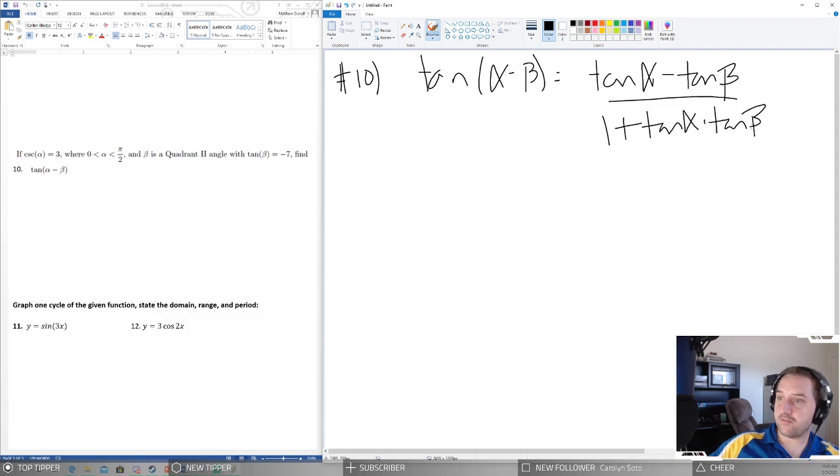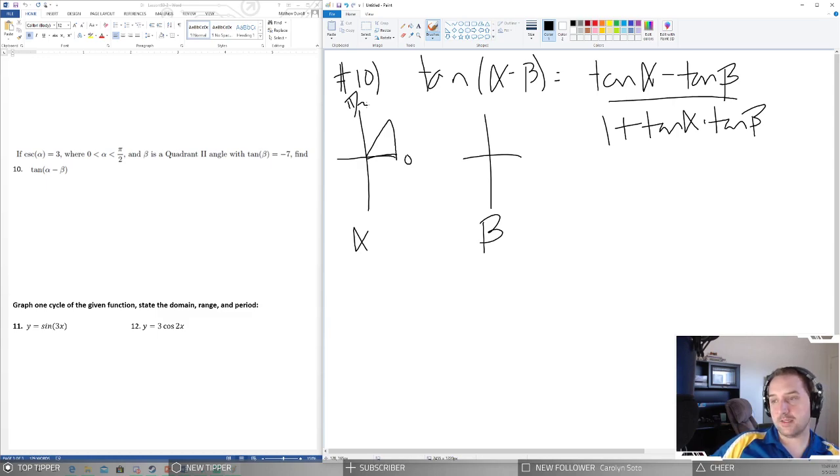So for my alpha, so here's alpha, here's beta. So for my alpha, it says cosecant of alpha is 3. And it says between 0 and pi halves. So that's in quadrant 1, because this is 0 and this is pi halves.